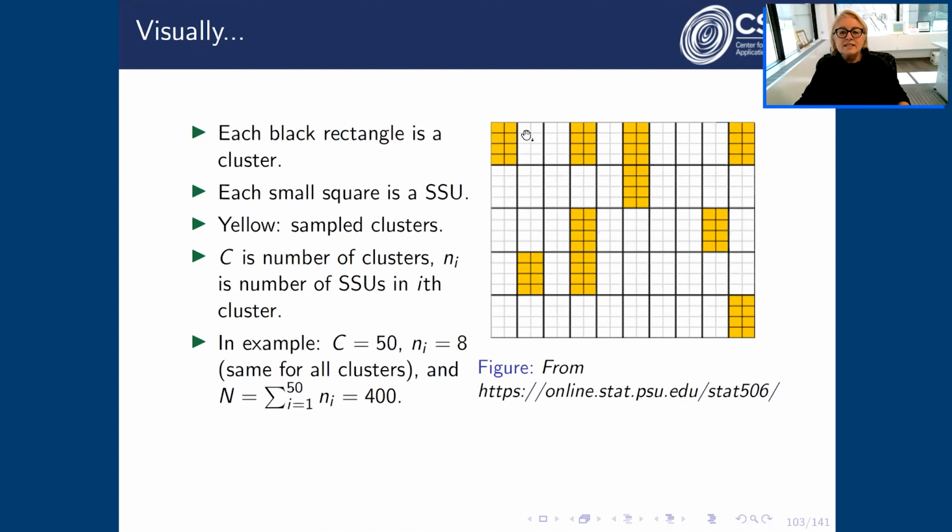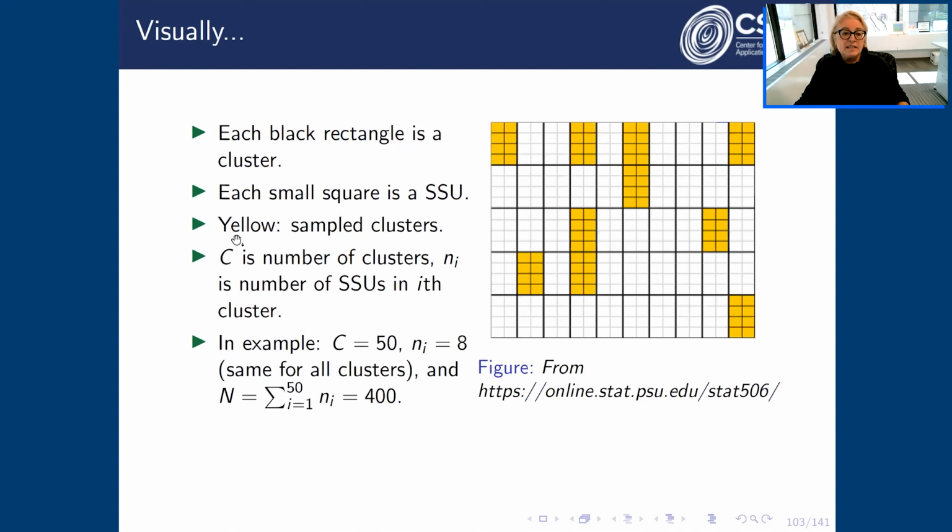And each cluster contains all the little units that are separated by little gray lines. Each cluster is what we call a primary sampling unit. Each unit within the cluster is what we call a secondary sampling unit. And so let's suppose that you sample clusters, and the ones that we sample are the yellow ones marked here.